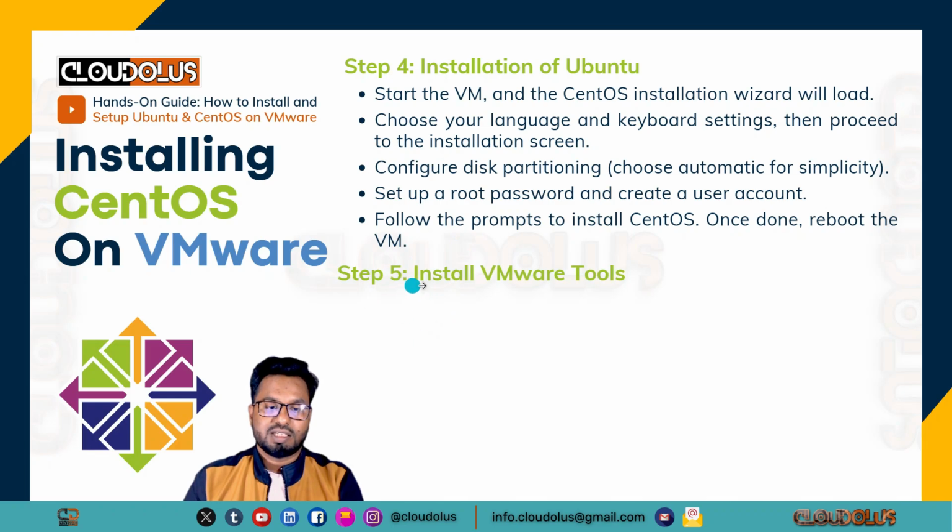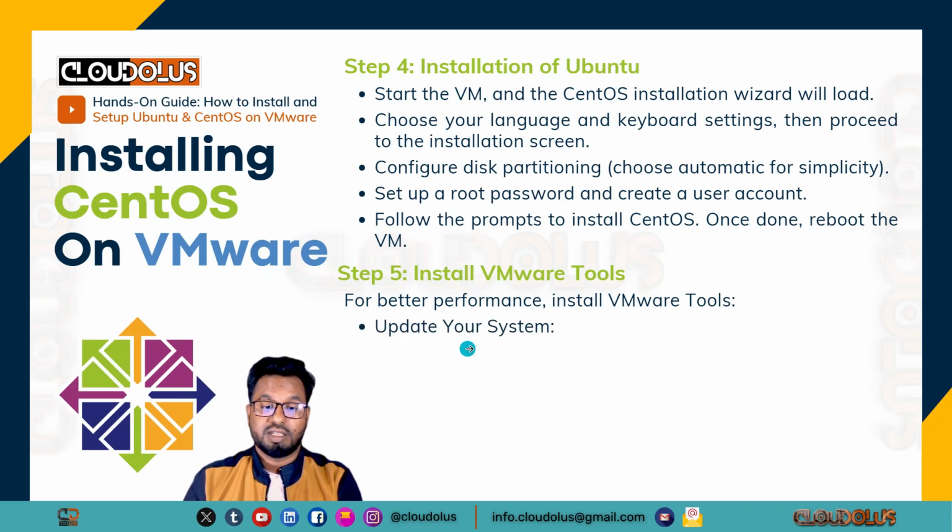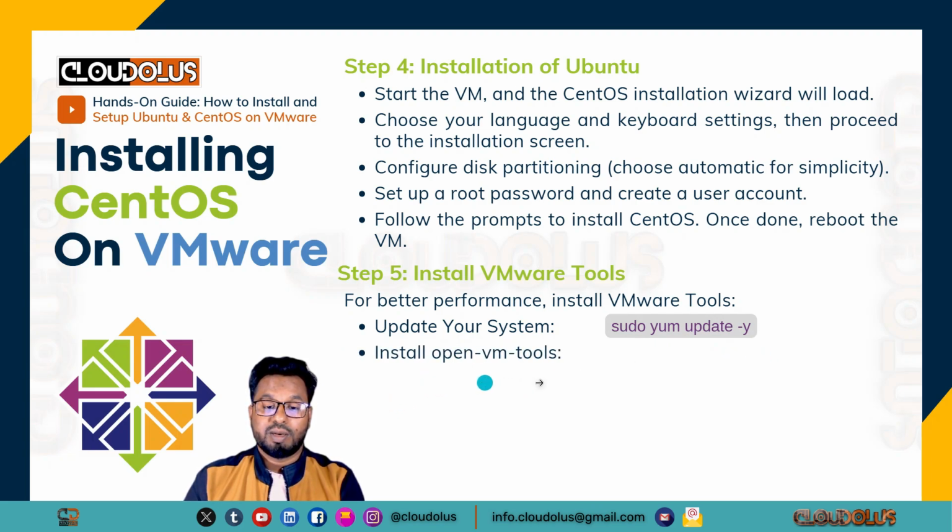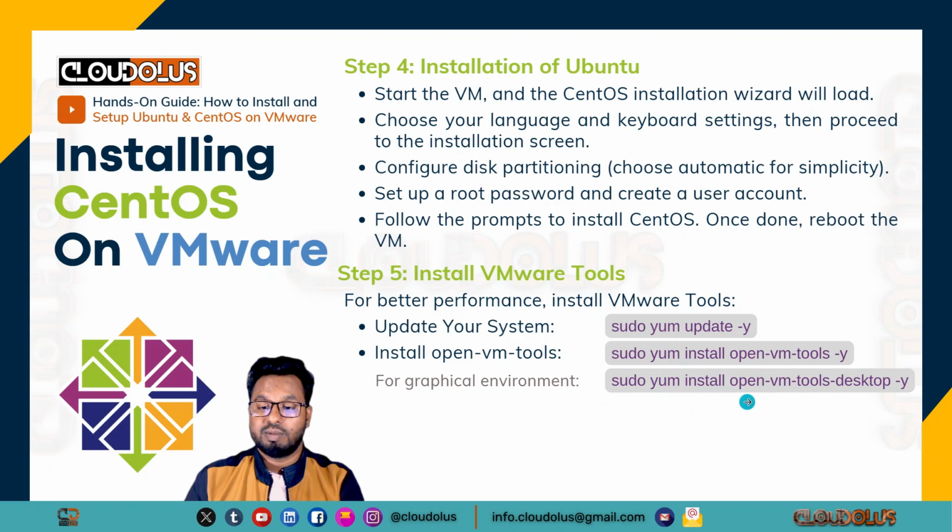Then we'll go with step 5, install VMware Tools. For better performance, you need to install VMware Tools. First, update your system using sudo yum update -y, and then install open-vm-tools. For that, use yum install open-vm-tools -y, and for a graphical environment you will use sudo yum install open-vm-tools-desktop -y.